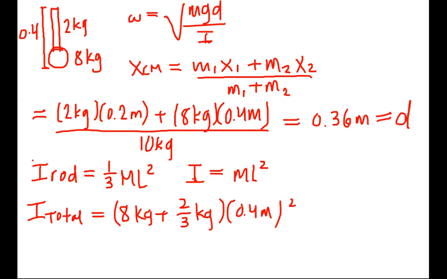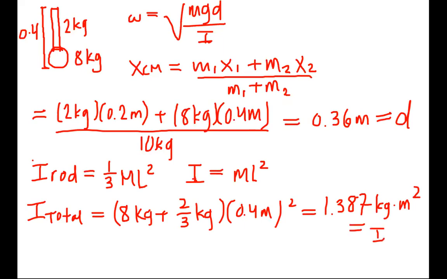And you plug that into a calculator, and you get 1.387 kilograms times meters squared. So that would be our total value for I, just taken by adding the two I values for each object. So that would be equal to I in our equation above.